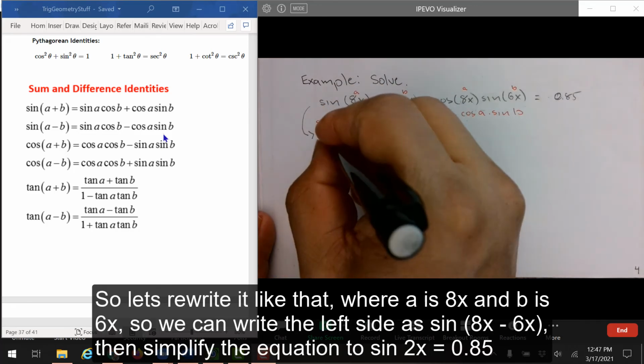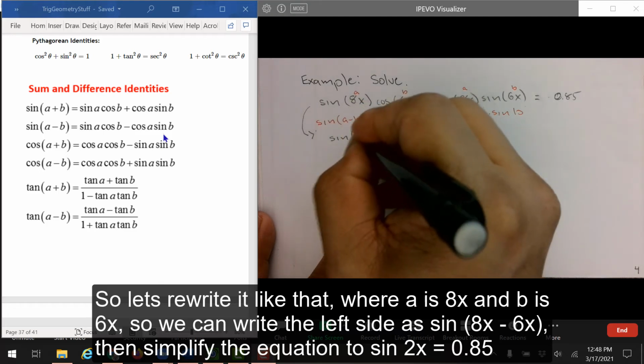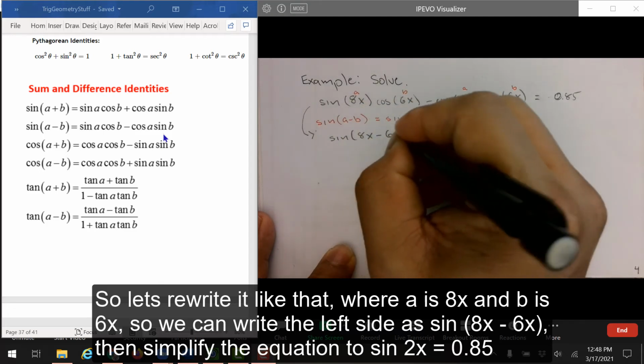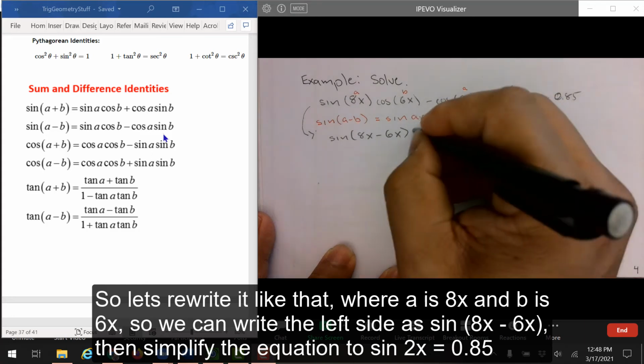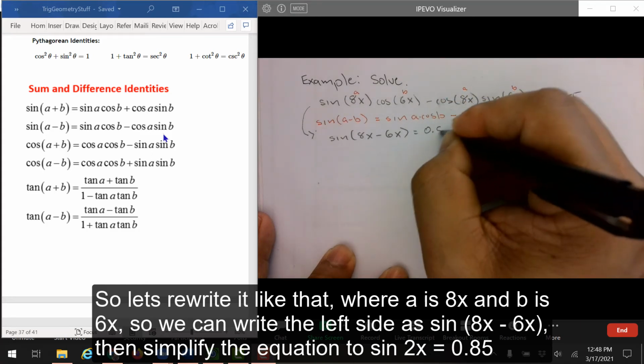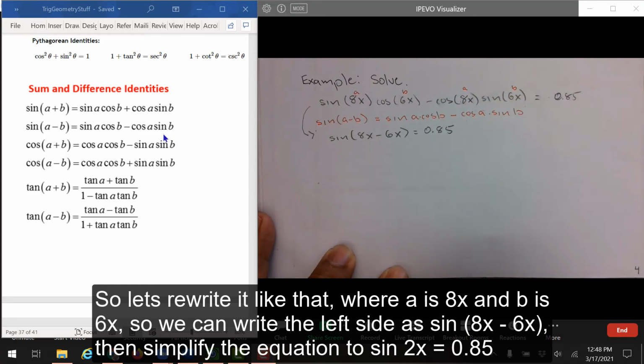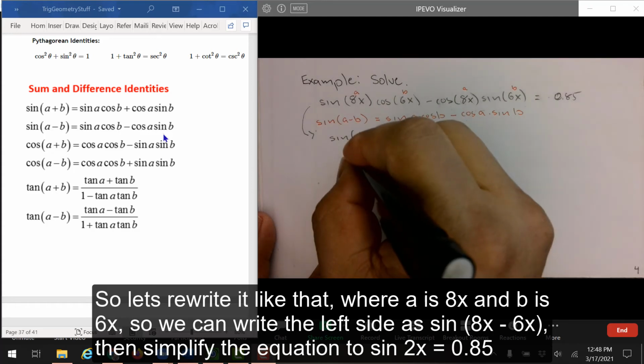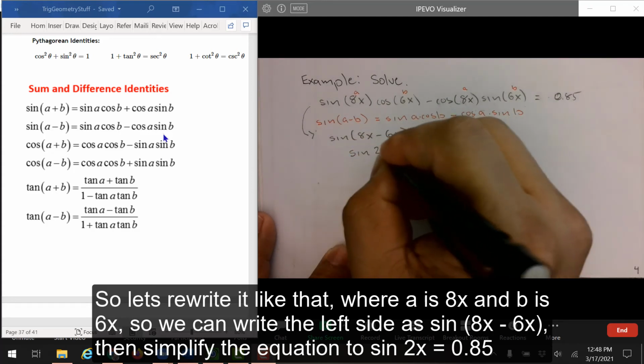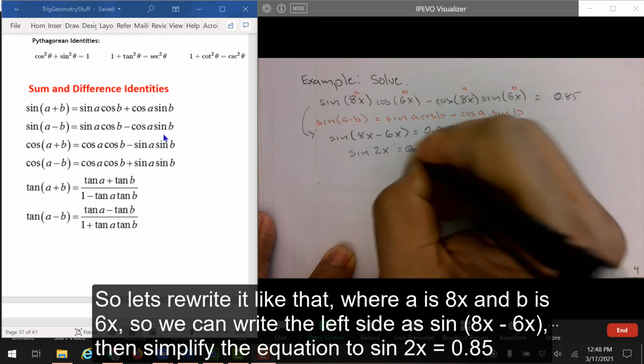So let's rewrite it like that, where a is 8x and b is 6x. So we can write the left side as sine of 8x minus 6x. Then simplify the equation to sine of 2x being equal to 0.85.